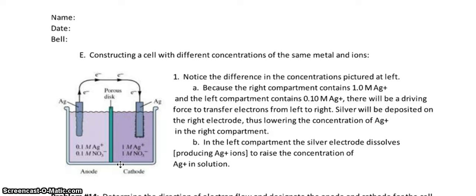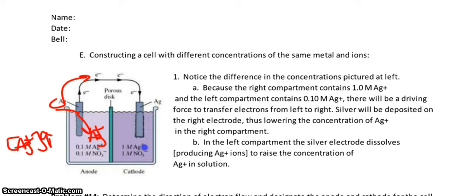So how is this going to happen? There is going to be a driving force. Look what it says. There will be a driving force to transfer electrons from left to right. Why will that be? Well, if the electrons are moving in this direction, the silver metal is actually going into the solution there. So we have silver ions going to increase at that point. That's an arrow up if you can't tell.